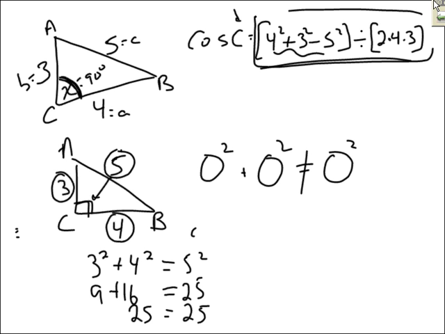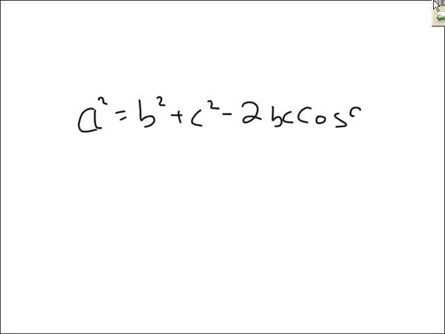That only happens with a right triangle. Okay. One last thing I want to point out is what happens to the law of cosines if the angle is 90 degrees. If we have a squared is equal to b squared plus c squared minus 2bc cosine of angle A, but angle A is 90 degrees.